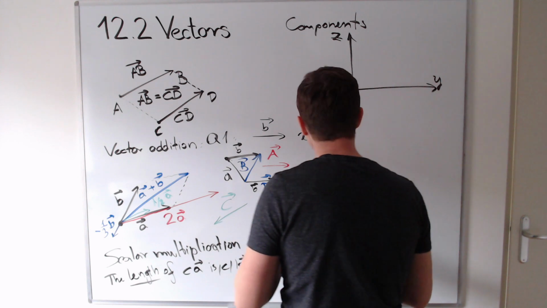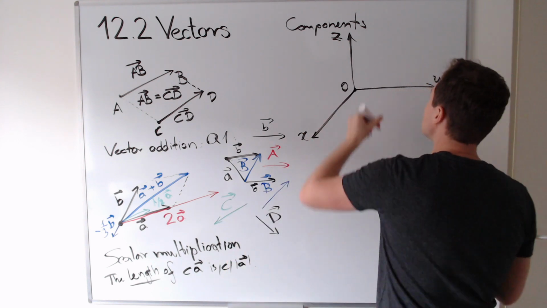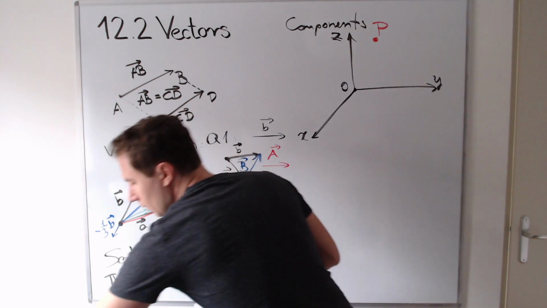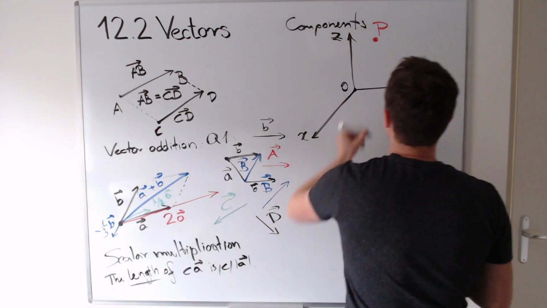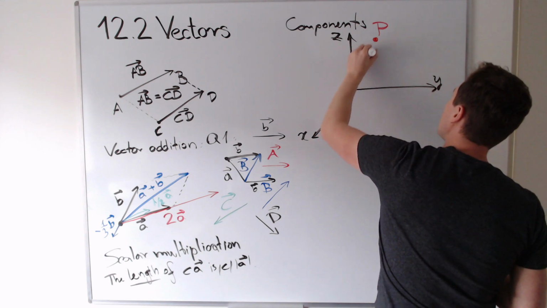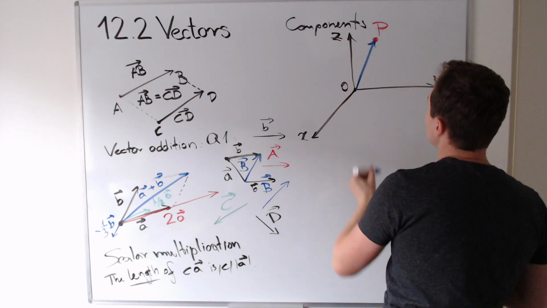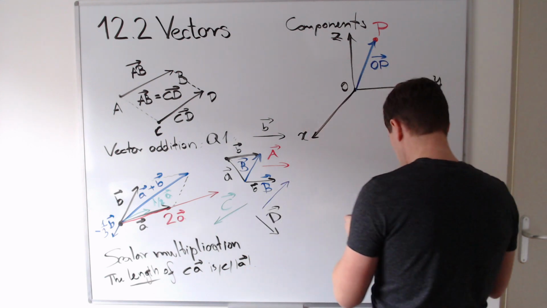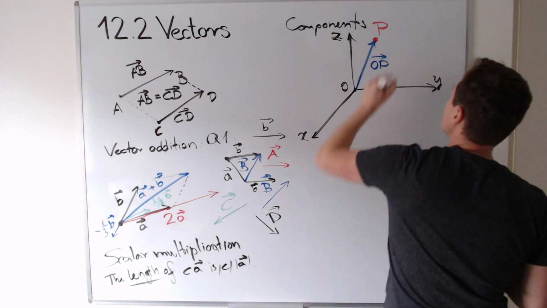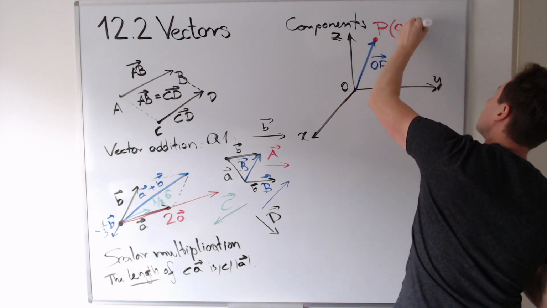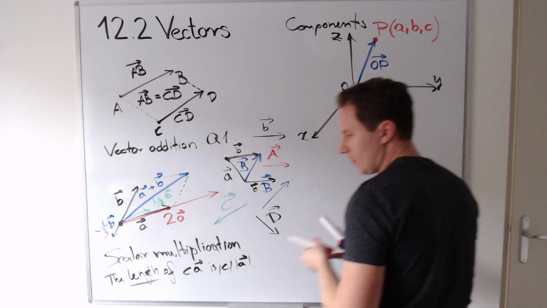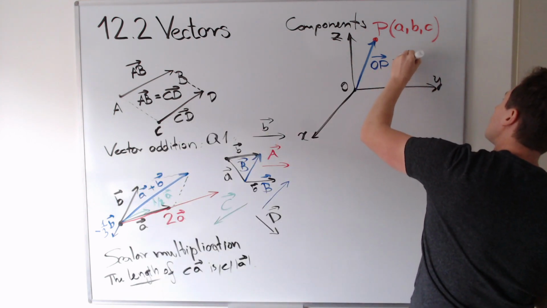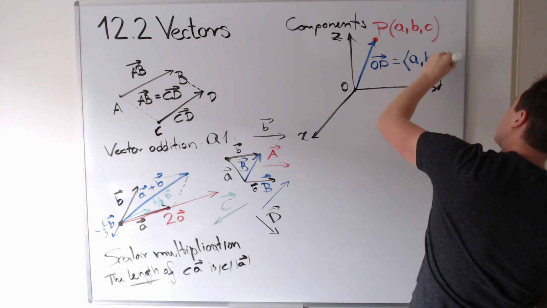Vectors starting from the origin are called position vectors because they basically point to certain positions in the plane. If point P is the endpoint of our vector, then this is the position vector OP. And if the point has coordinates A, B, and C, then we say that the position vector OP has components A, B, and C.